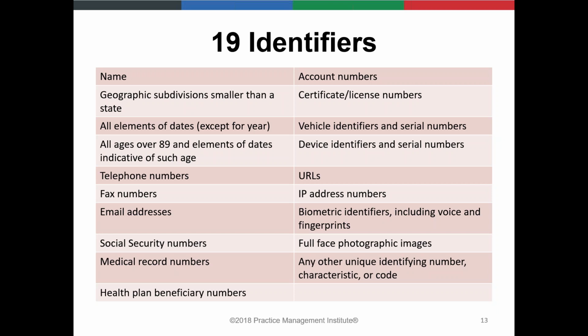Health plan beneficiary numbers are the patient subscriber IDs, account numbers, vehicle identifiers, device identifiers, URLs, and so on and so forth, okay? All of these are considered elements of IIHI, okay?